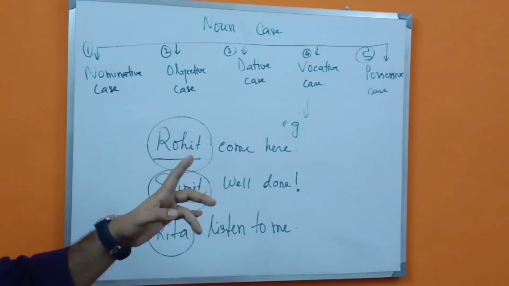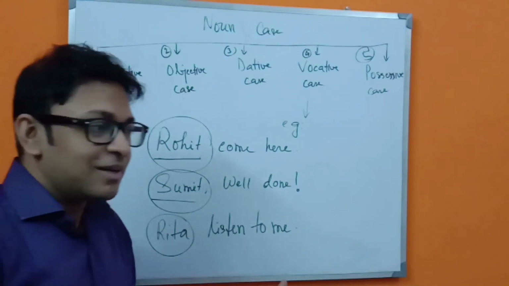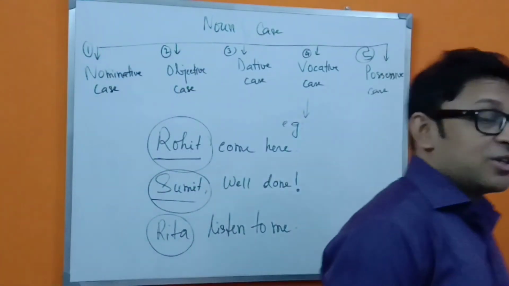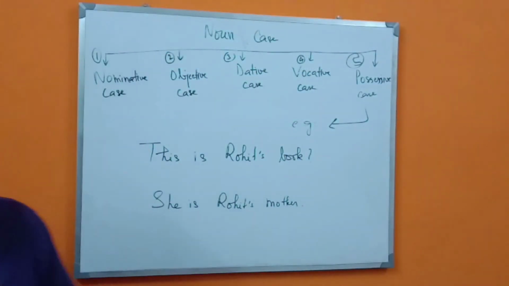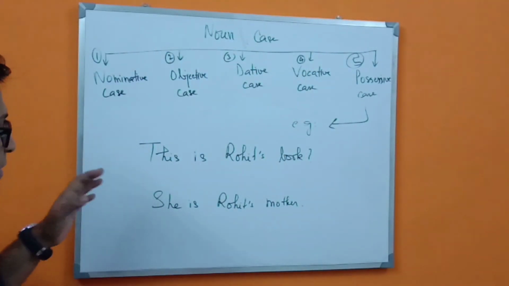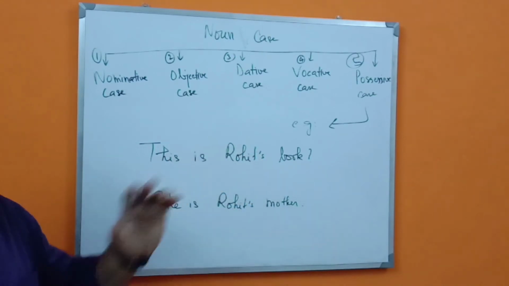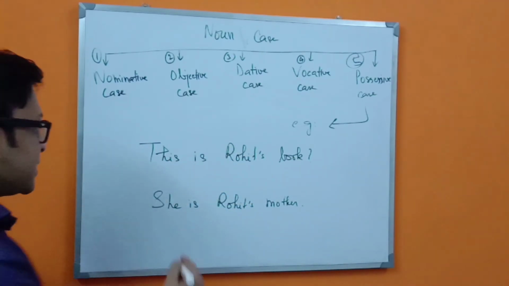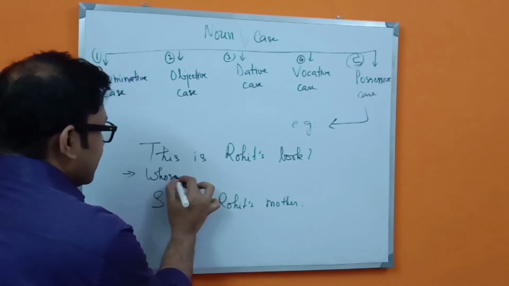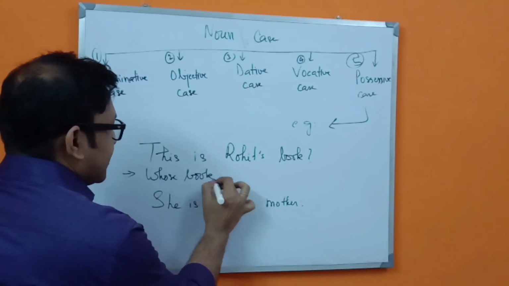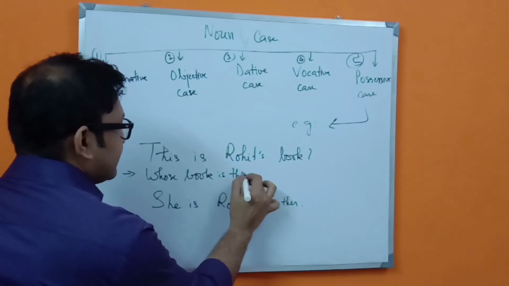Now the last one, number 5, possessive case. That means when the noun is the possessor of something. In possessive case, see for this example, this is Rohit's book. If you question the sentence like, whose book is this?